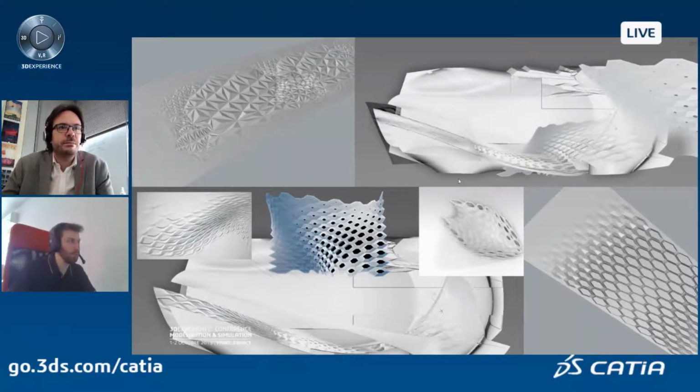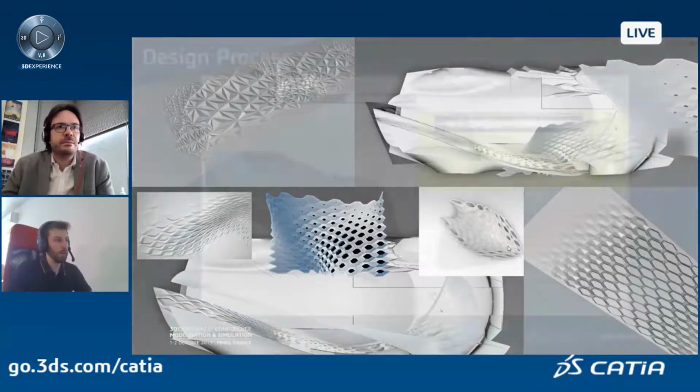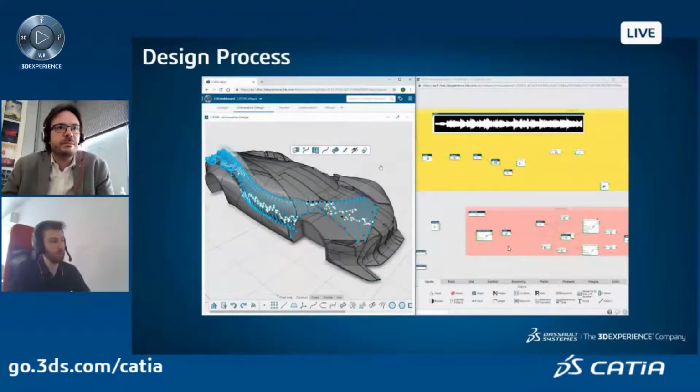You see this kind of 3D pattern or hexagonal shapes on top of the modeling. But it was just some pictures at this moment. Then we worked with CATIA Generative Design to develop a first algorithm, a first design logic, in order to create different pattern or design variants on top of this surface.